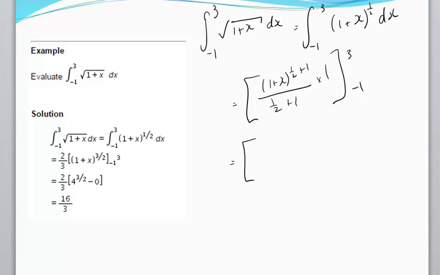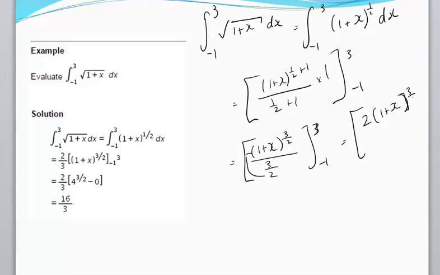So here we're going to have 1 plus x to the power of 3 on 2 divided by 3 on 2. So here our 2 will multiply up. That was 3. So here we're going to have 1 plus x to the power of 3 on 2 divided by 3, and this is between 3 and minus 1 here.